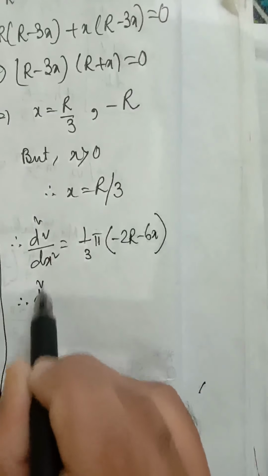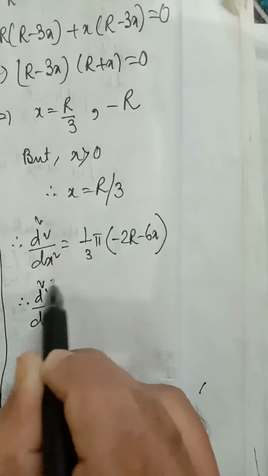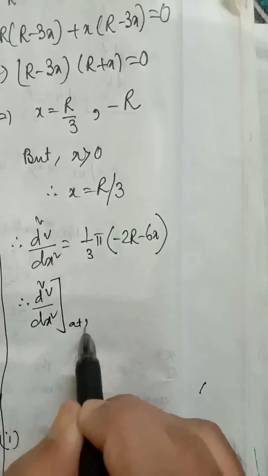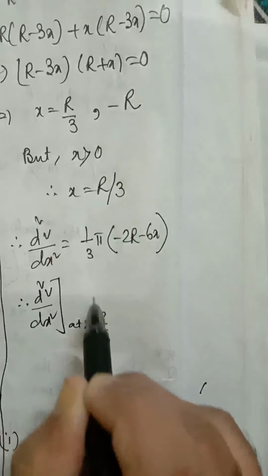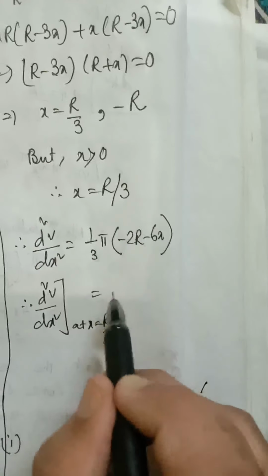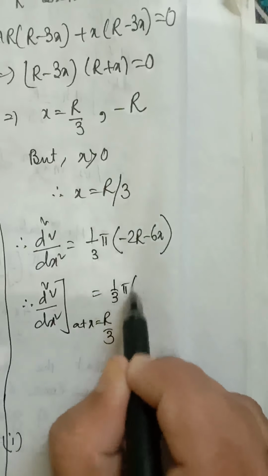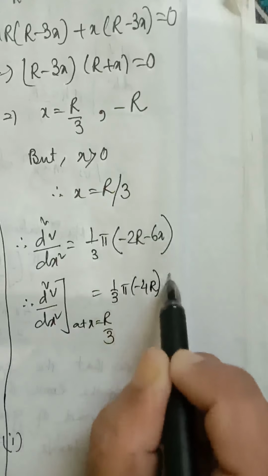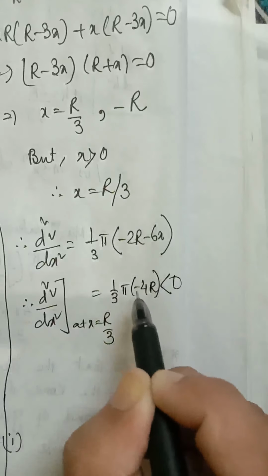Therefore d2V by dx square at x equal to r by 3: if we put x equal to r by 3, it will be minus 2r minus 2r, so it will be 1 by 3 pi into minus 4r, which is less than 0 as the minus sign is there.